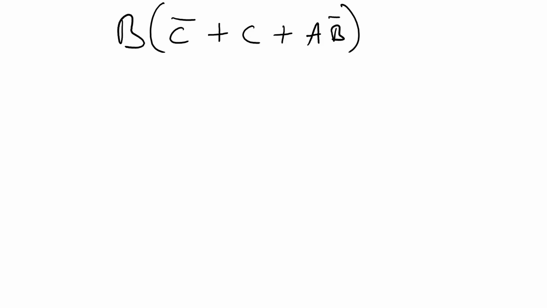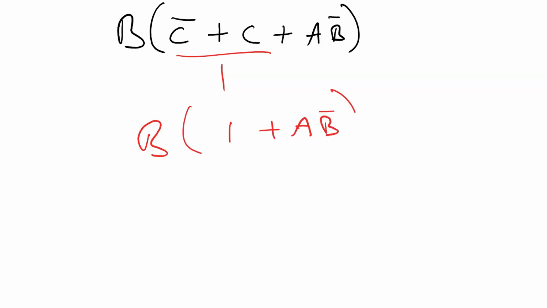Oh, it's quite handy, isn't it? So we've got C or not C here, which we know is going to be 1. Can't do anything else with this. So it's going to be B, or 1 or A, not B. 1 or anything is 1. So this whole thing simplifies to B. That's rather pleasing.